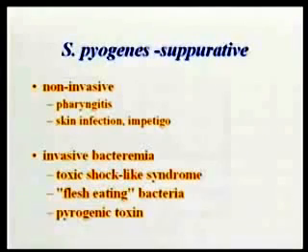Okay, Streptococcus pyogenes can produce suppurative or non-suppurative reactions. Suppurative refers to pus, as opposed to the non-suppurative reactions we're going to talk about next. Streptococcus pyogenes is not invasive.